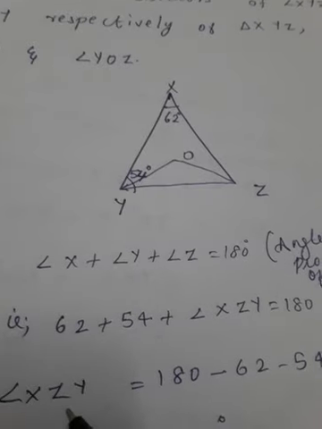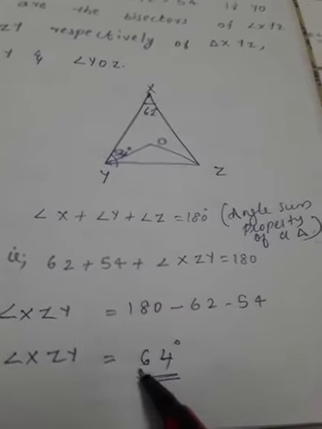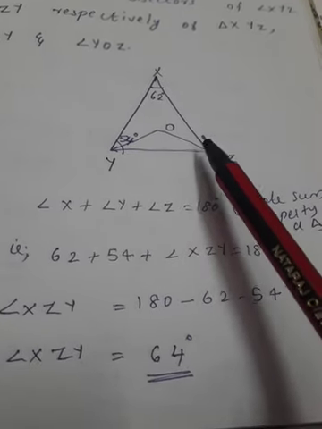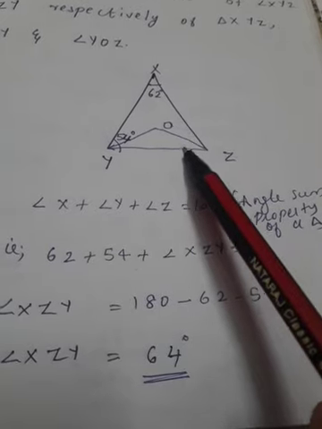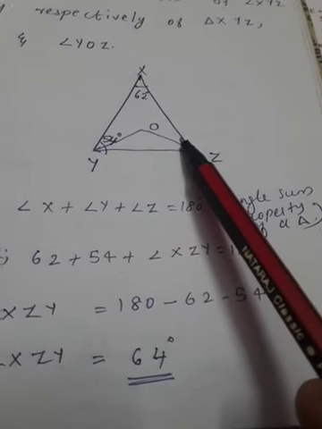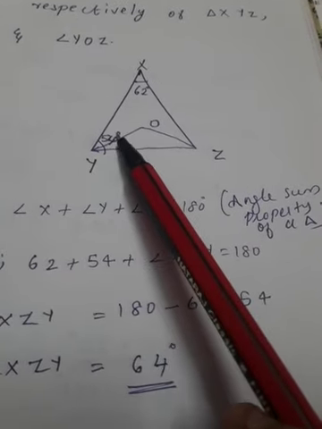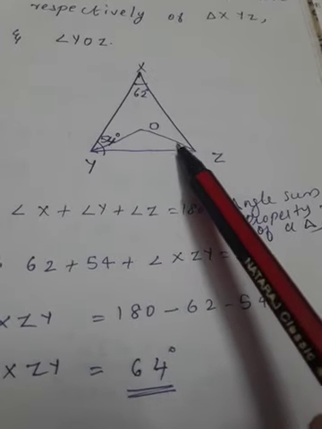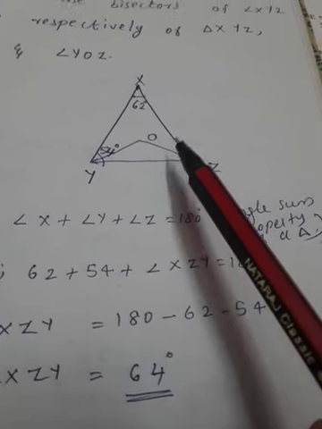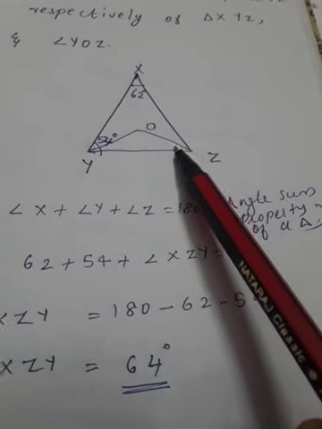Then Z is 180 minus 62 minus 54, that is equal to 64 degrees. So we got the value of XZY as 64. This is half of XZY, this is also half, this is half of XYZ, this is also half. Then next we need to find this value. For finding this value, we divide the whole value by 2 because half of angle Z is this measure.